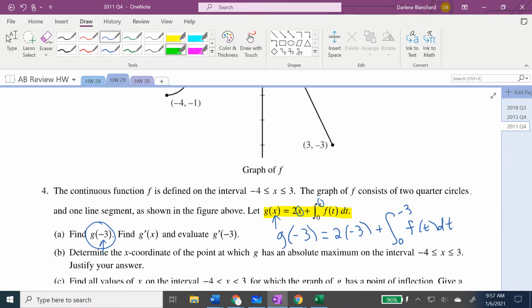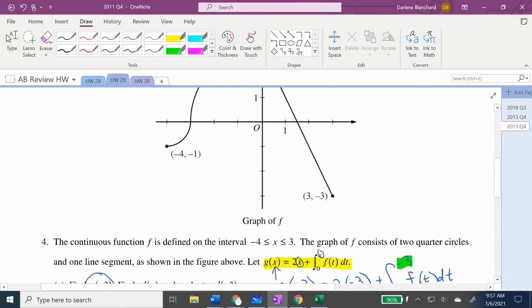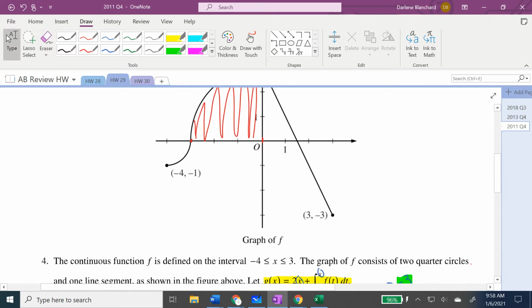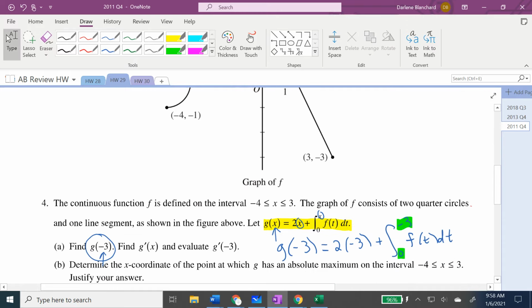And one important thing to notice is that the limits are in the opposite order as they normally are. So I want to go over to 0 and -3. So I've got x equals 0 and x equals -3. And it's looking at this, but it's looking backward on it. So it's actually going to be negative whatever that area is.